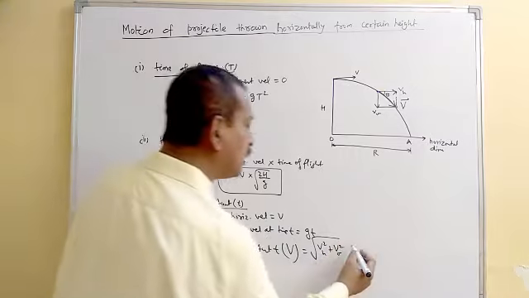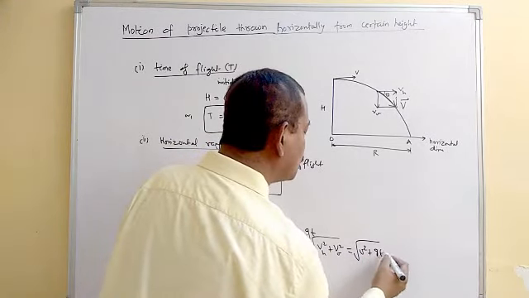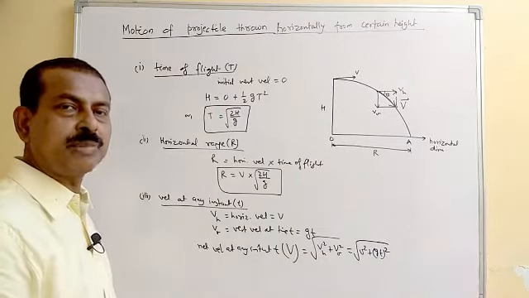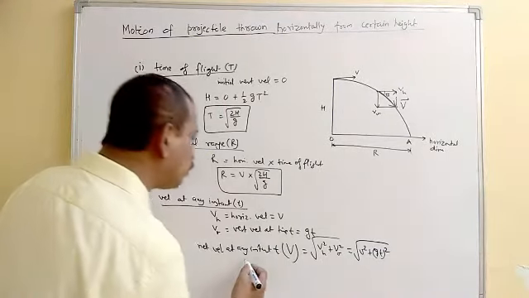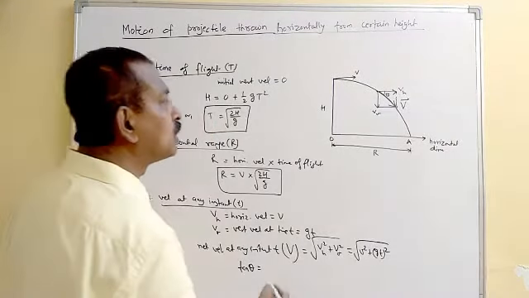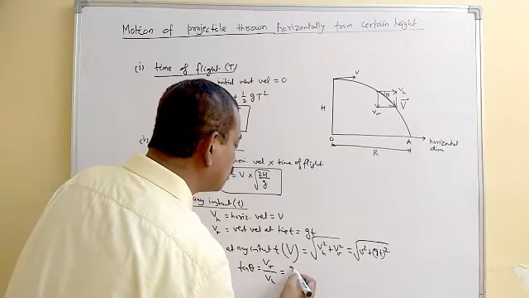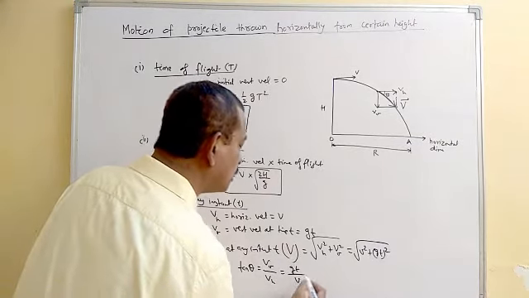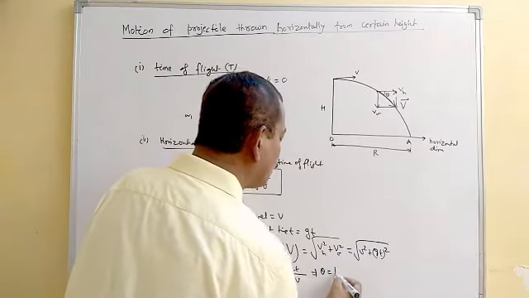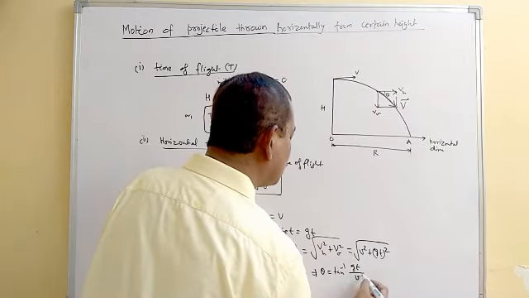This will be equal to the square root of v square plus gt whole square. This will be the resultant velocity magnitude. If you want to find the angle made by this, tan theta will be equal to v vertical by v horizontal, so it is gt by v. That implies theta equals tan inverse of gt by v.